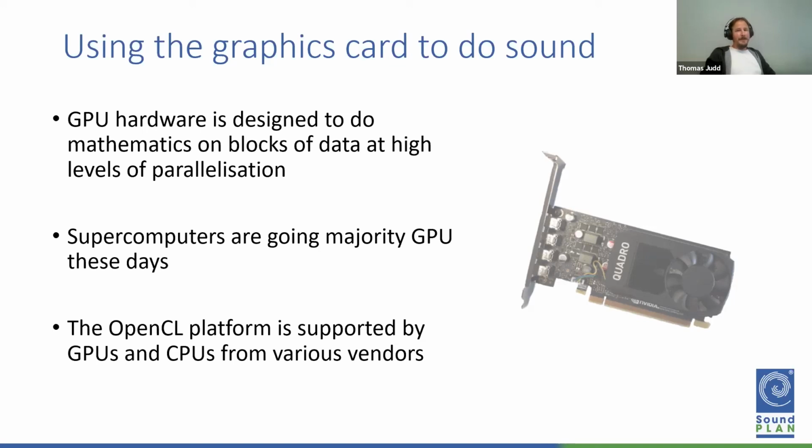But it's worth remembering, the thing about a graphics card is essentially what it's designed to do is to do mathematics on blocks of data at a very high level of parallelization. So if you increase the brightness on your screen, the graphics card is responsible for making sure that all those millions of pixels increase their brightness simultaneously.